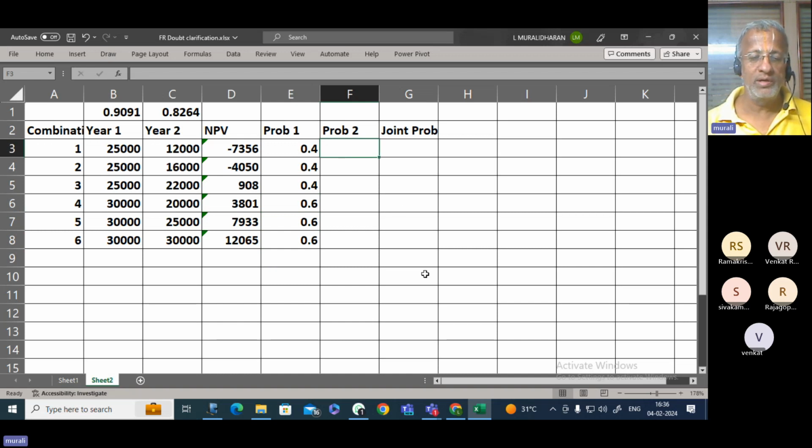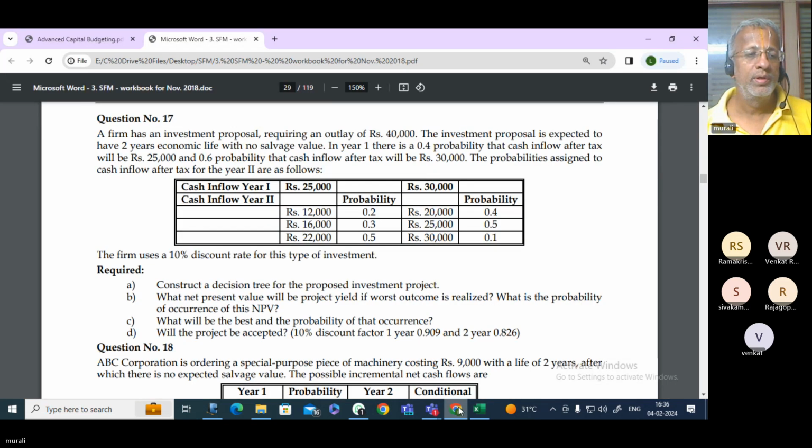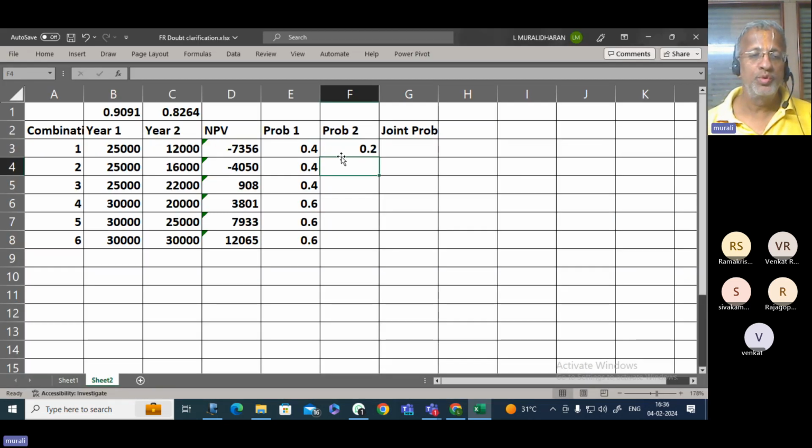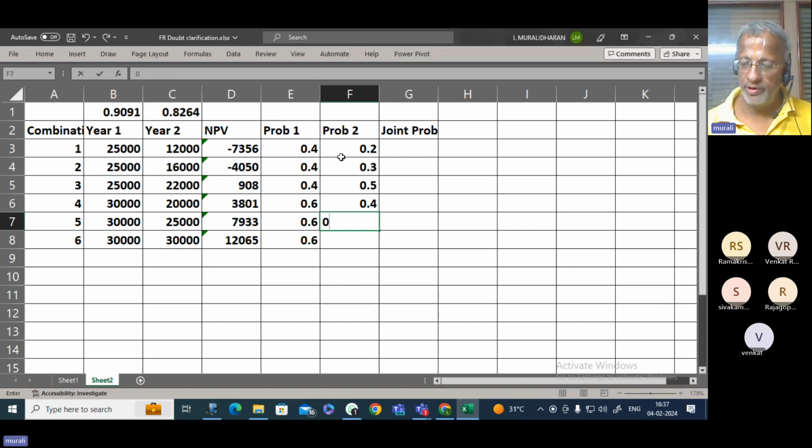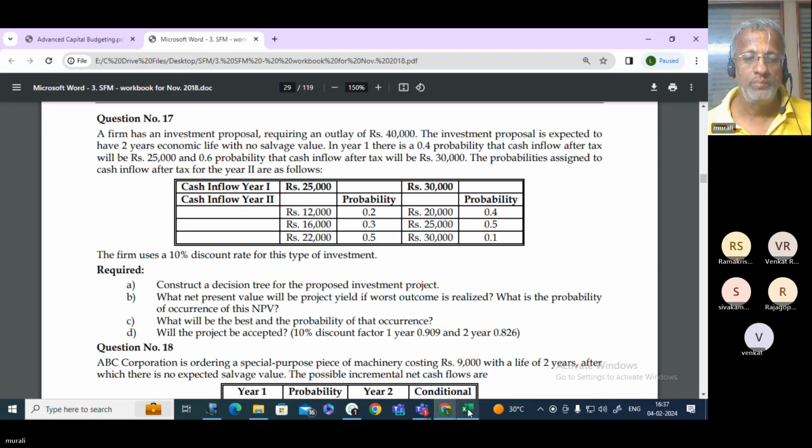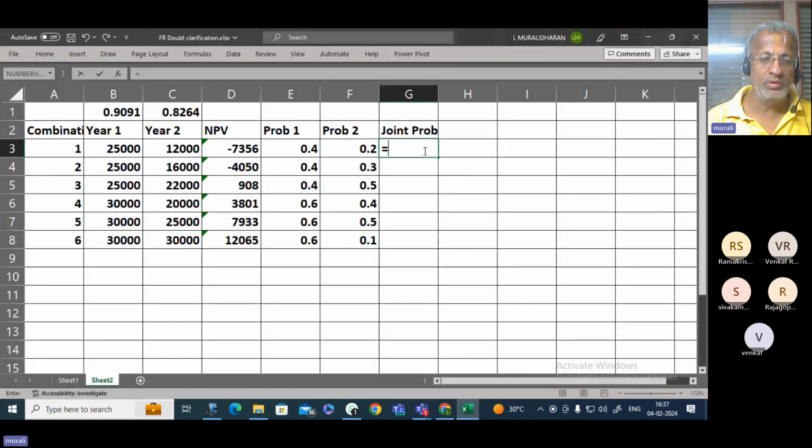Here, what is the probability? 0.4, and this is 0.2, 0.3, 0.5, then 0.4, 0.5, and 0.1. Am I right? So now let us bring out the product of these two.